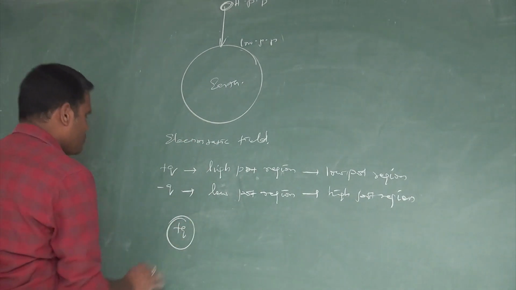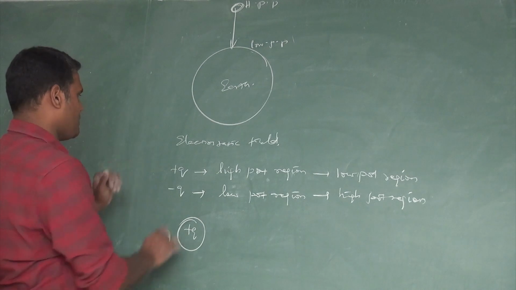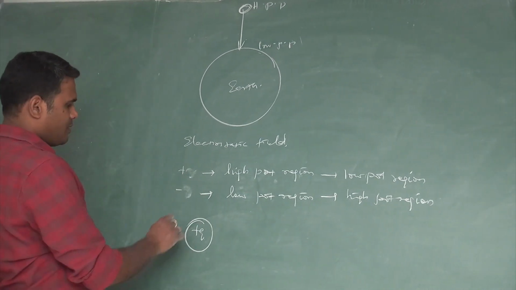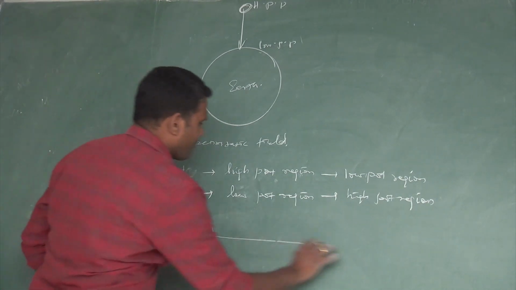You consider a positive source charge. This is a test charge. I am speaking about test charge. I can consider plus and minus, simple. Plus Q charge is a positive source charge.